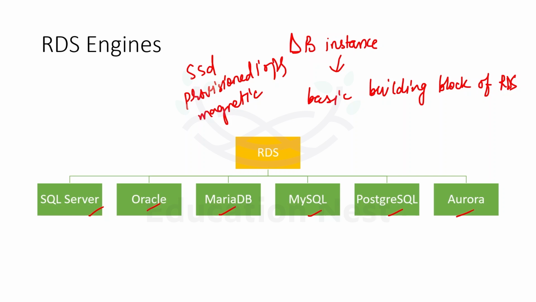The next topic that we are going to discuss is the Oracle flavor on RDS. It runs on the following versions and editions. Like you can have Oracle Database 21C, you can have Oracle Database 19C.